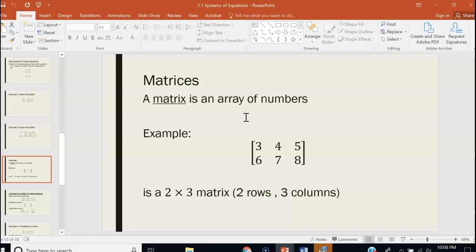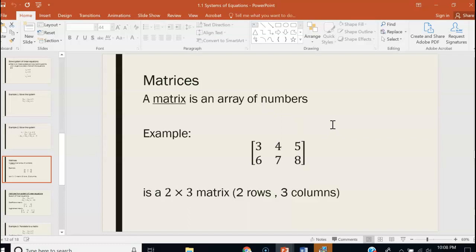Typically when you draw a matrix, you have brackets around it, and then we have these 6 numbers, 3, 4, 5, 6, 7, 8. This matrix happens to be a 2 by 3 matrix. What that means is there's 2 rows and 3 columns.